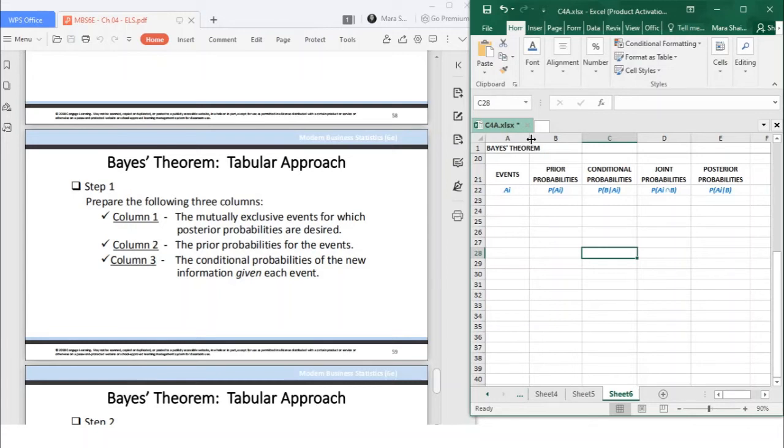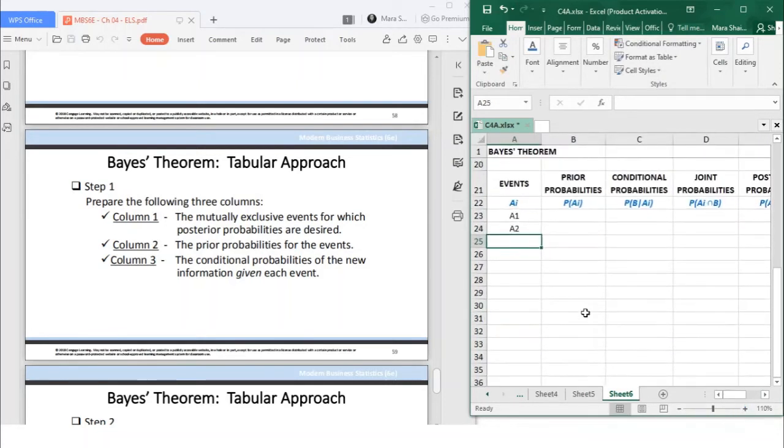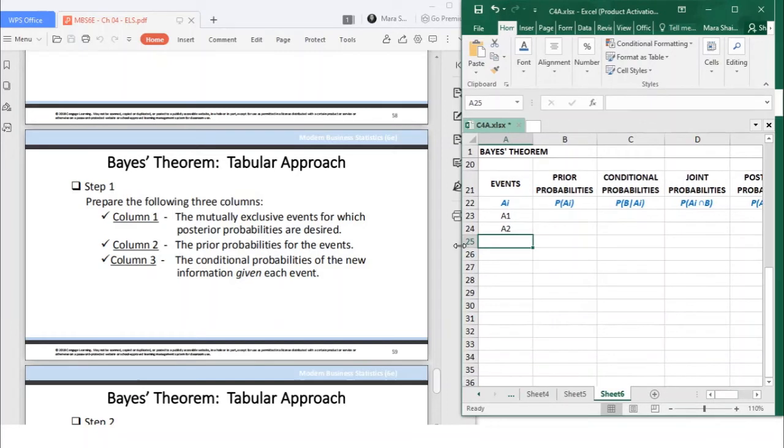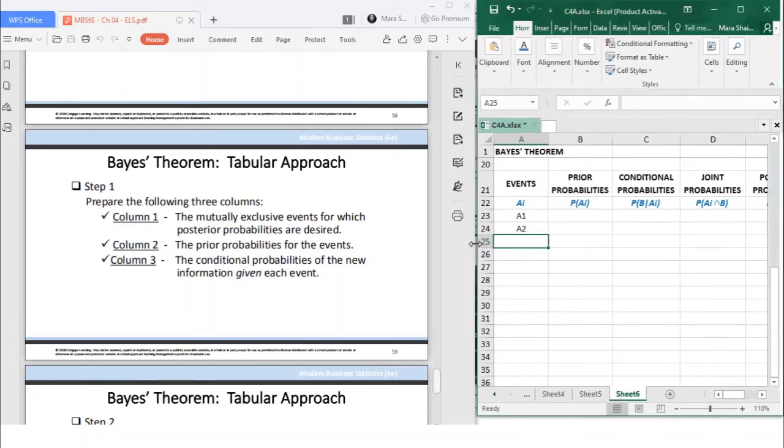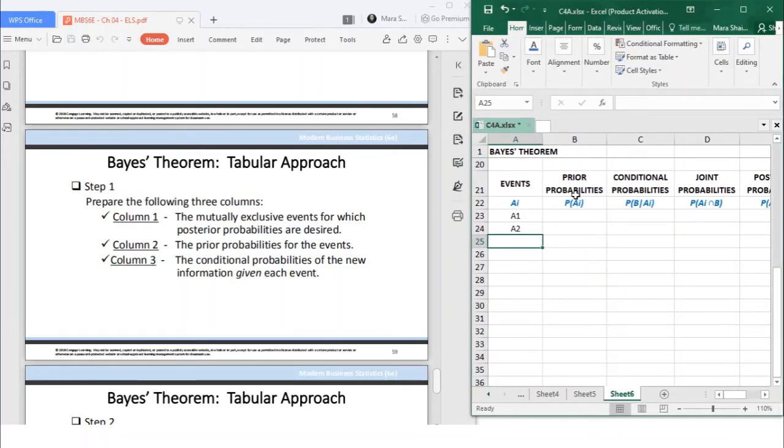Column 1 is for the mutually exclusive events for which posterior probabilities are desired. So, unsa man to imong mutually exclusive event? Ang imuhang supplier nga event. So, you have A1 and A2.